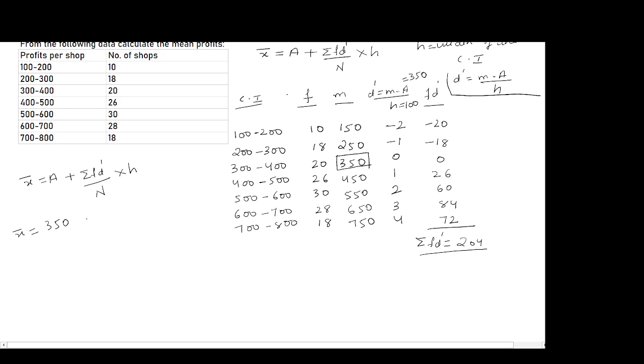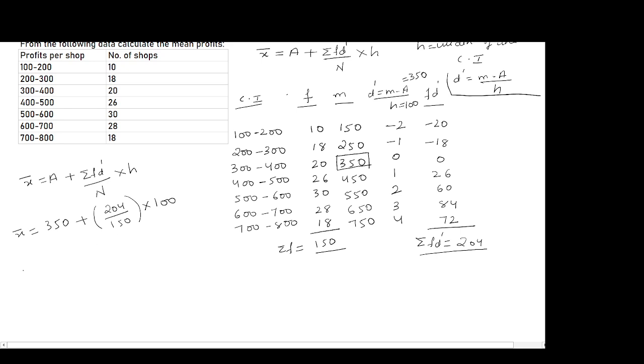So write 350 here, plus summation f d dash value we got 204 divided by capital N. Capital N is nothing but total of frequency. So if you add all the frequency values, you get the total 150. So write it here, 150 into h. H is width of the class interval. How much we have taken? 100.